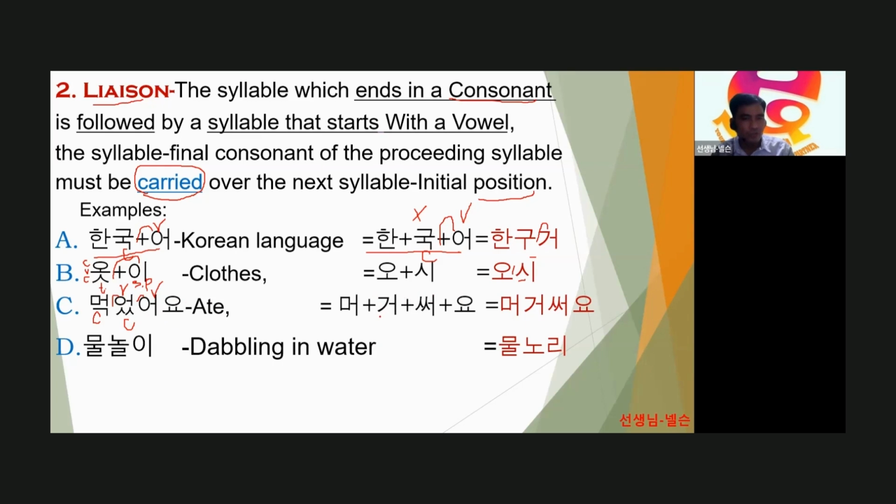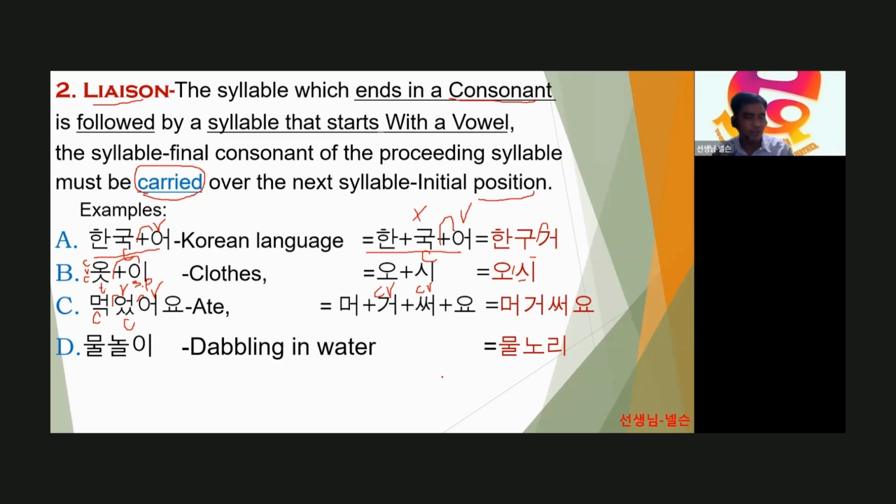Giyok will be carried by the vowel O, and sangsiot will be carried by the vowel O again. So therefore, instead of mok, ot, oyo, the correct pronunciation is mogosoyo.